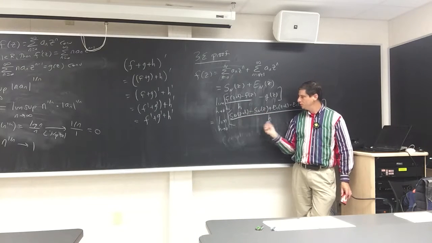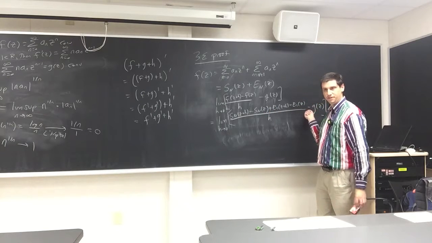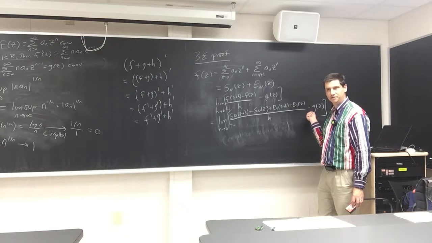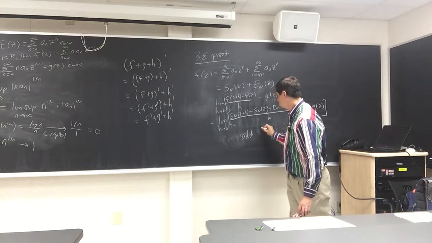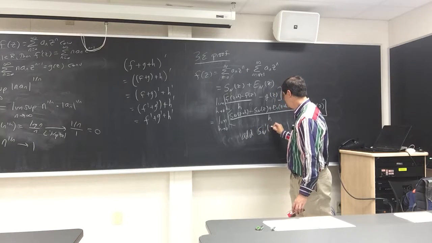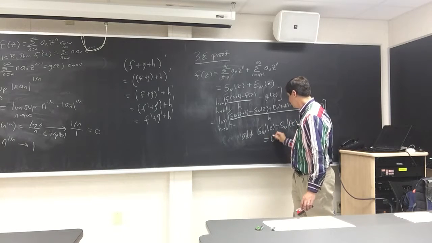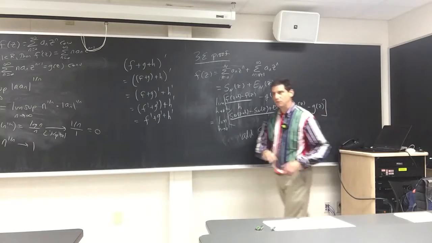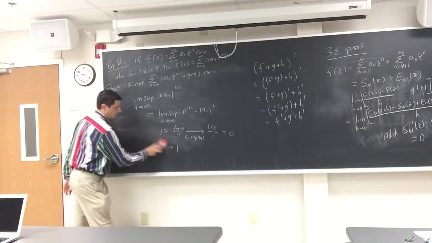And now this quantity over here looks like the finite approximation of this. So maybe what we should then do is put in the finite approximation of that. And so what we're going to do is add 0. So we'll add Sn prime of z minus Sn prime of z, which equals 0. But the point is, I want to give you a sense of why we're electing to do the algebra in this way.